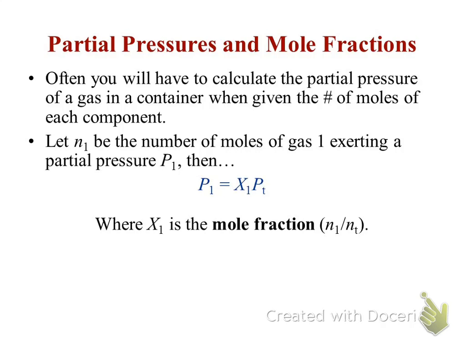The formula that we're going to use for this is n1 divided by n total, which is the number of moles of our gas divided by the total moles of our system, of our reaction.